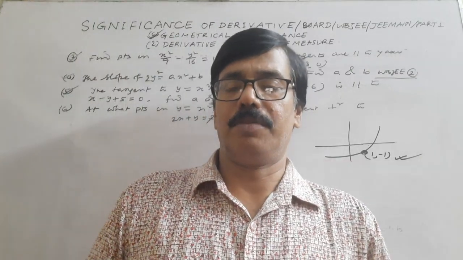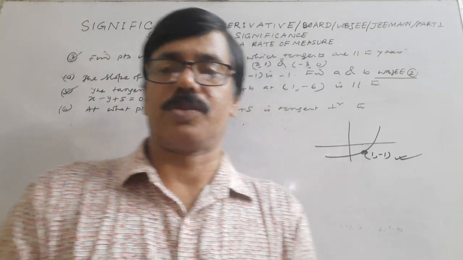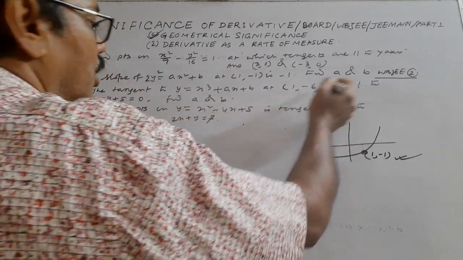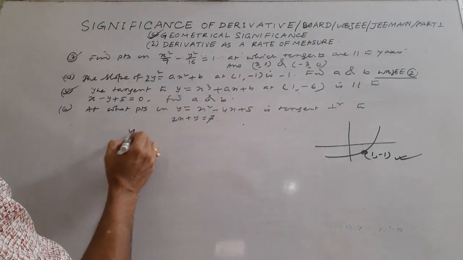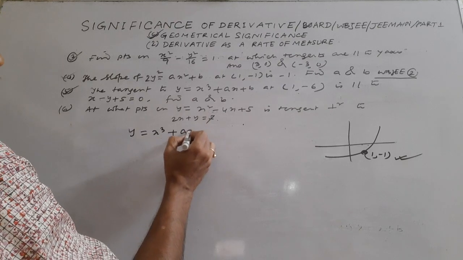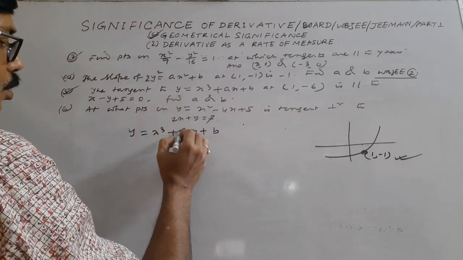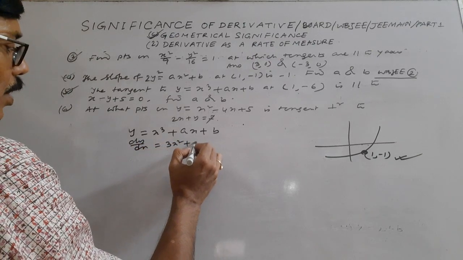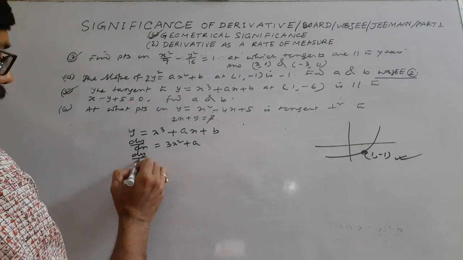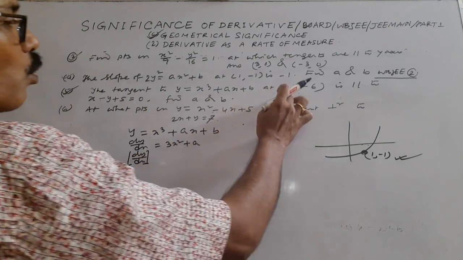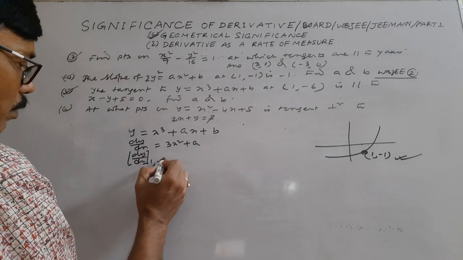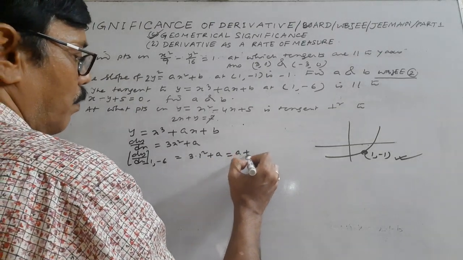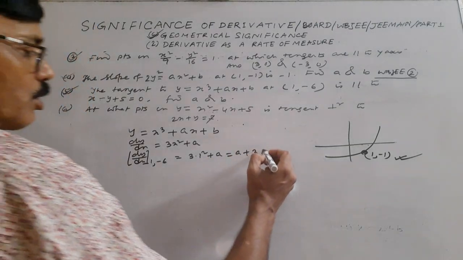Parallel means they have the same slope, m1 equals m2. So what is dy/dx? 3x square plus a. dy/dx at (1, -6) is 3 into 1 square plus a, so a plus 3. So this is the slope.